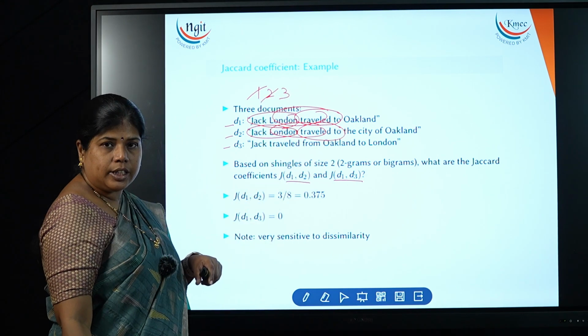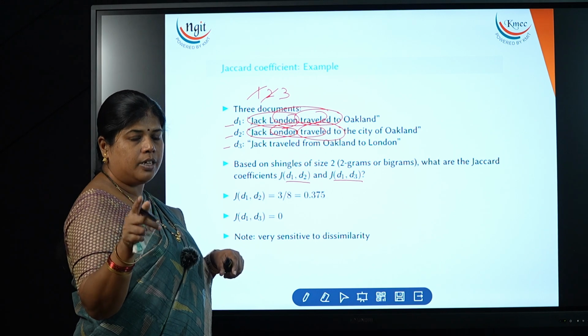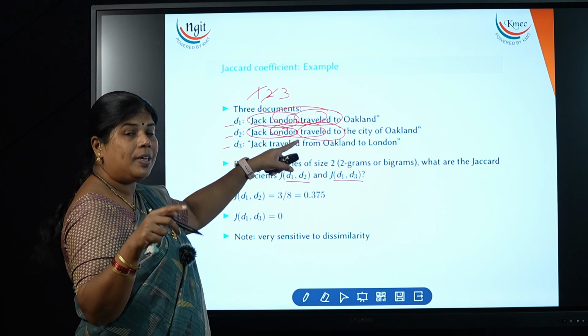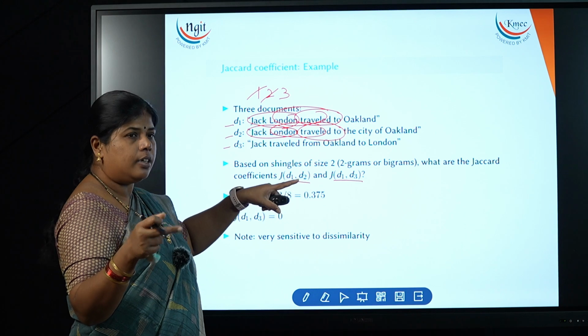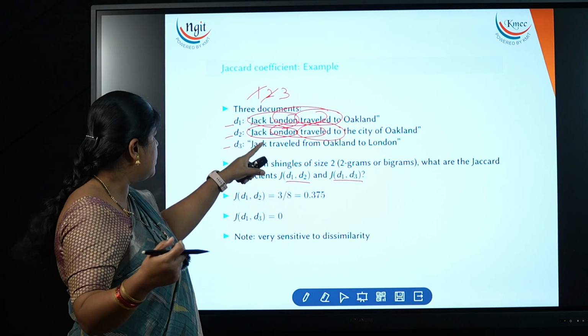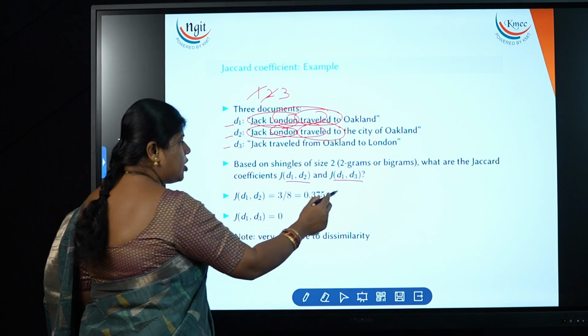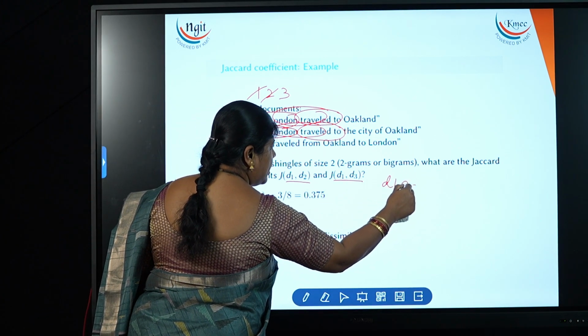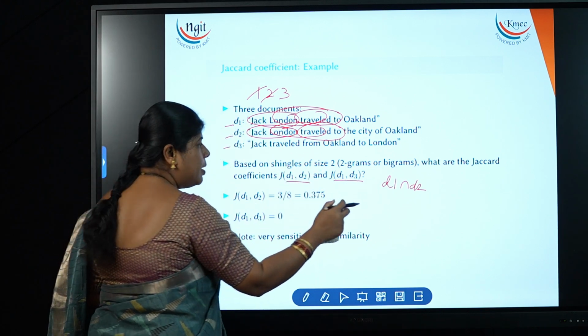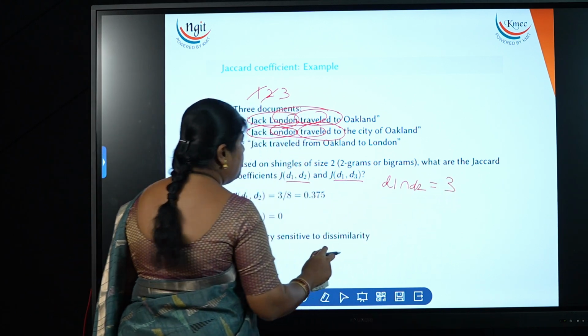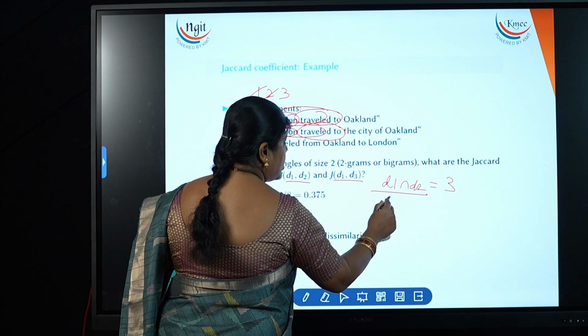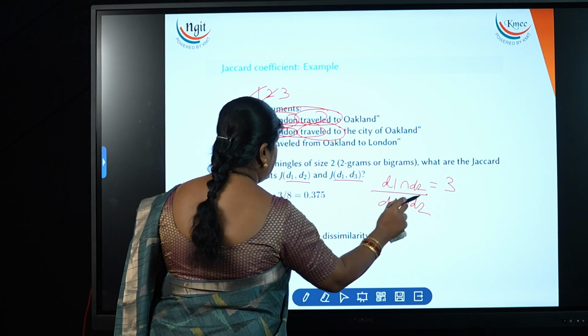So by considering the gram size n equal to 2, how many two-word pairs are common between the two documents? 3 two-word pairs are common. So the intersection of D1 and D2 for bigrams will be 3.